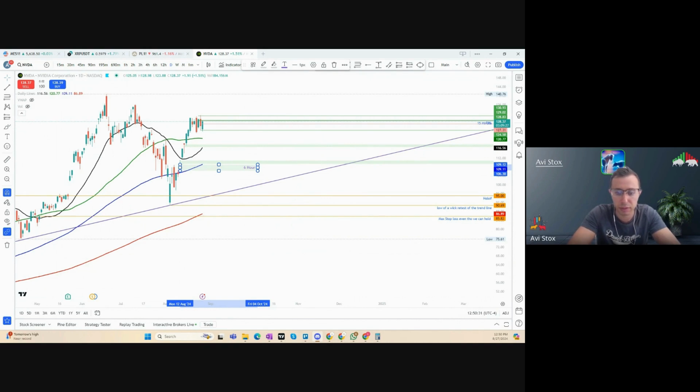My best desired trade will be to enter at the trend line, close to a trend line. Confirmations will be the trend line.